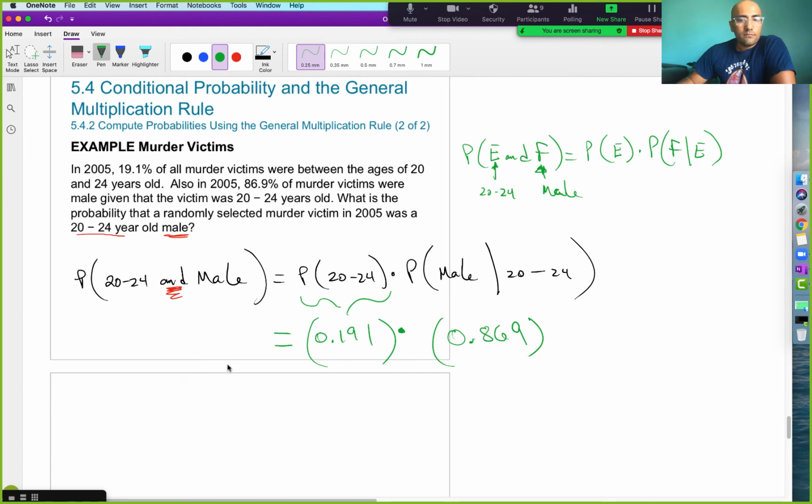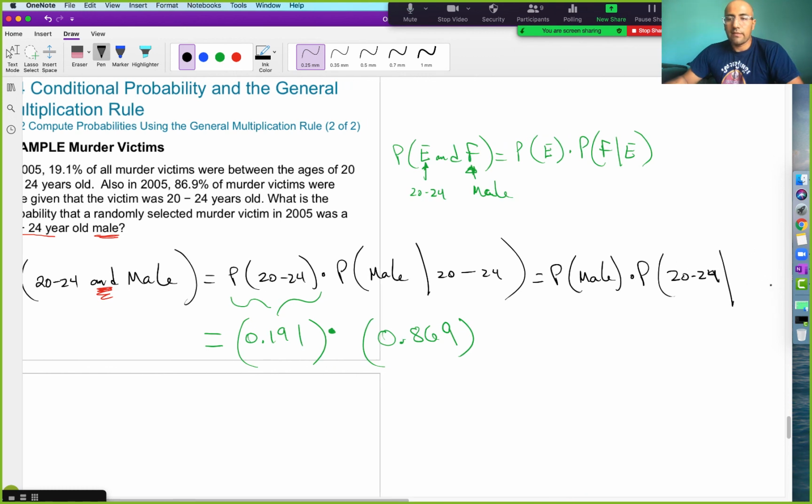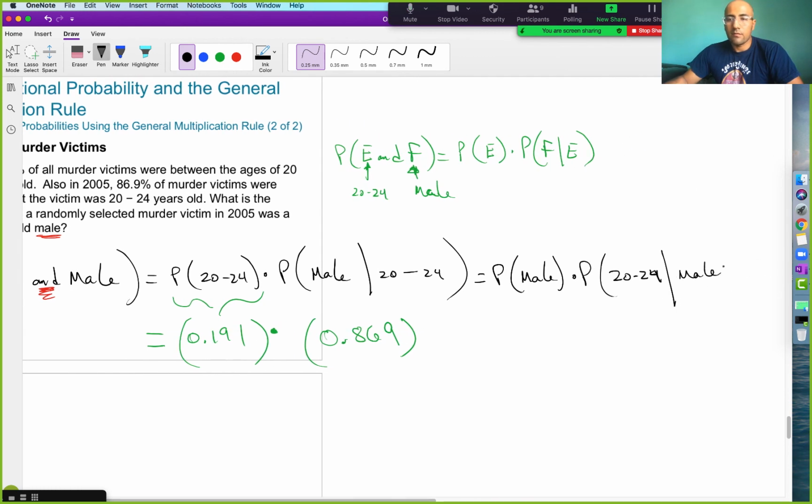Now, we know that this is also equivalent to the other way around: the probability that they're male times the probability that they are between the ages of 20 to 24 years old, given that they're male. But this particular word problem didn't give me that.